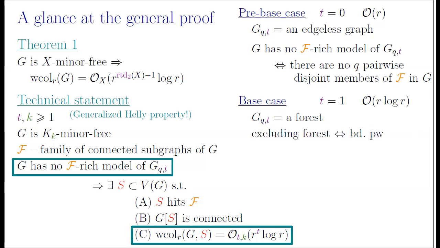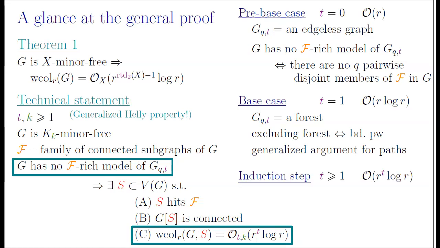Excluding a forest is the same as bounding path width. If we do this argument for paths, but generalized very much to this technical statement, then we really can get O of R log R.